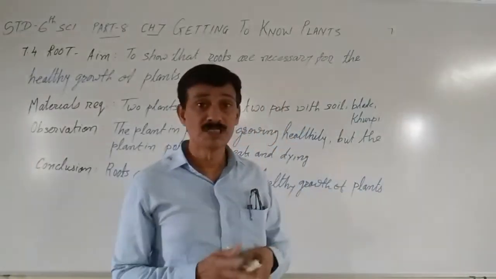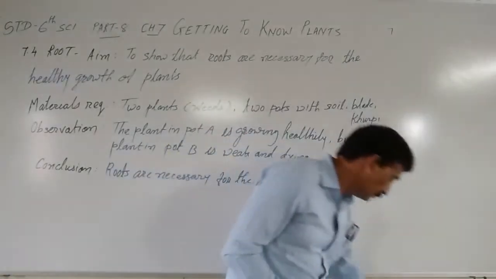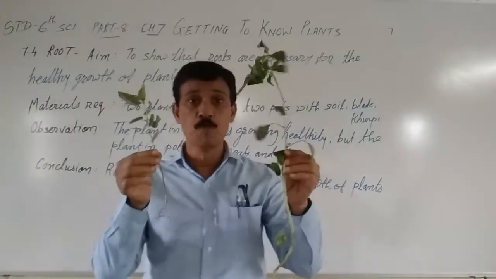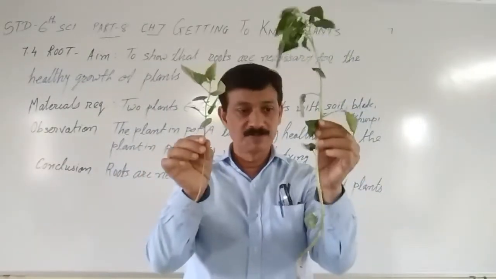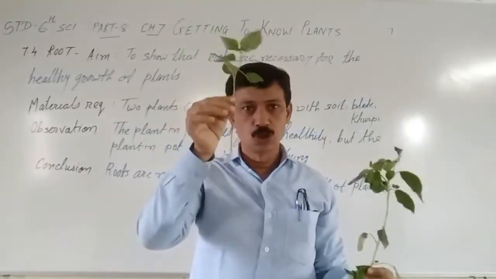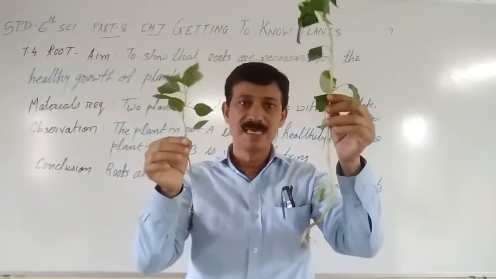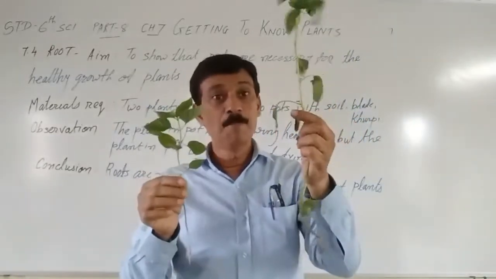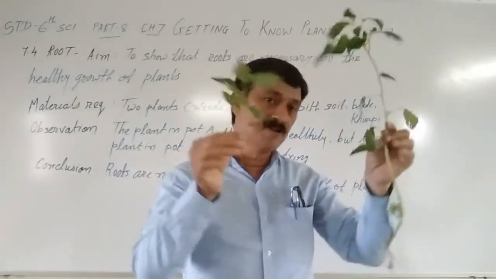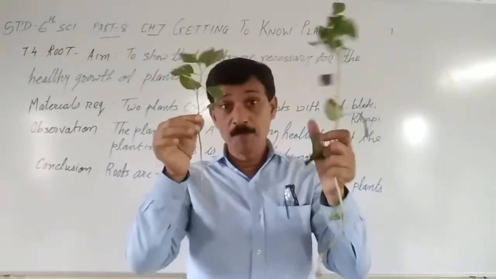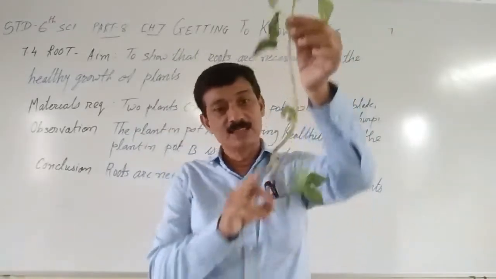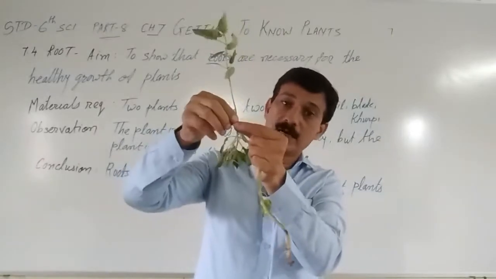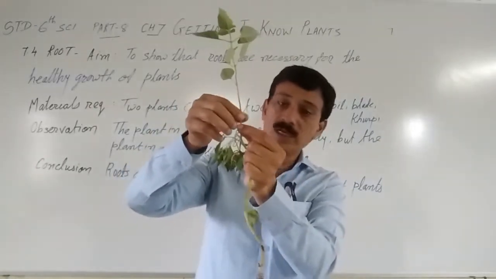Let's try to understand practically. Here, as you can see, there are two plants. Actually both are of the same kind. This one is short, this one is somehow big, but two plants I have taken. Now what to do? We will plant both in different pots, but before planting, let this one be like this with root, but I will cut the other one's root from here, and only the stem will be there.